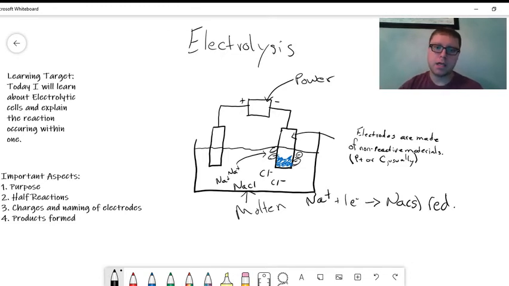Okay? Now, since all these electrons flowed over here, that means they all had to start over here and flow upwards. Okay, so electrons had to flow in this direction.